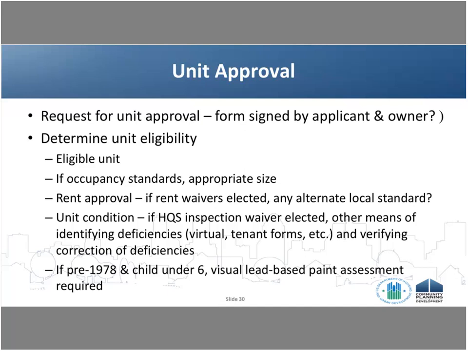So you need to have some way of noting if you become aware of any unit that cannot meet safety standards, and have a procedure for making certain any deficiencies that are identified to you are taken care of.